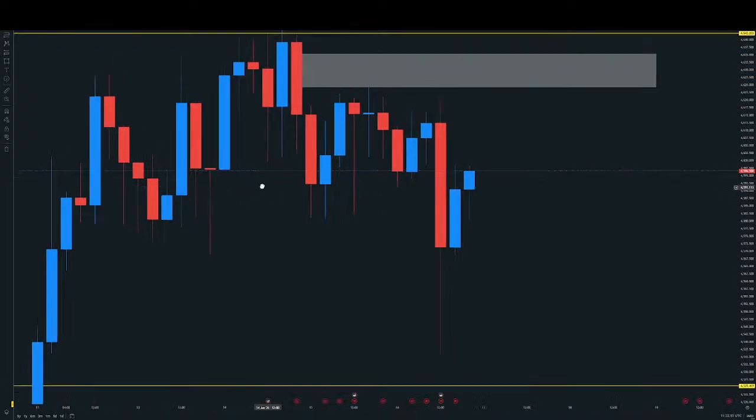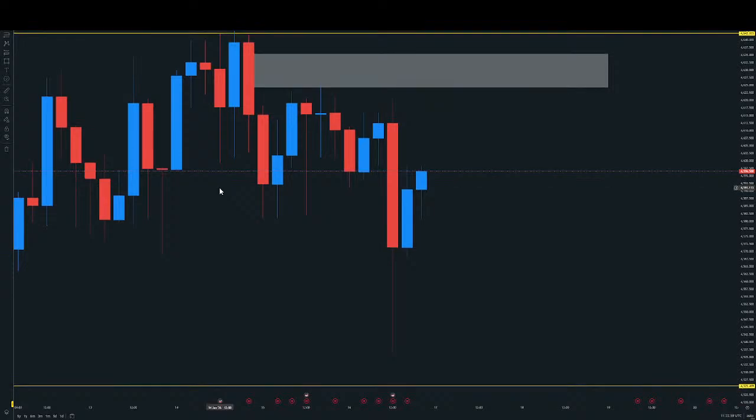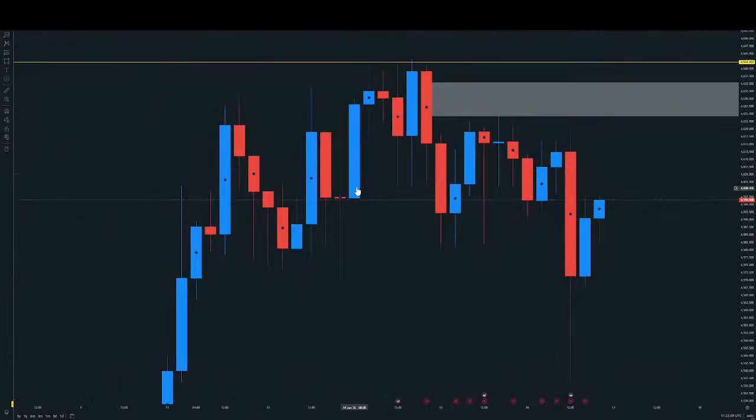Okay, so there is what we call in the ICT the intermediary lobes. Let me give you an example here. Some people call it head and shoulders. If you take a look at this, hold on while I mark it out.